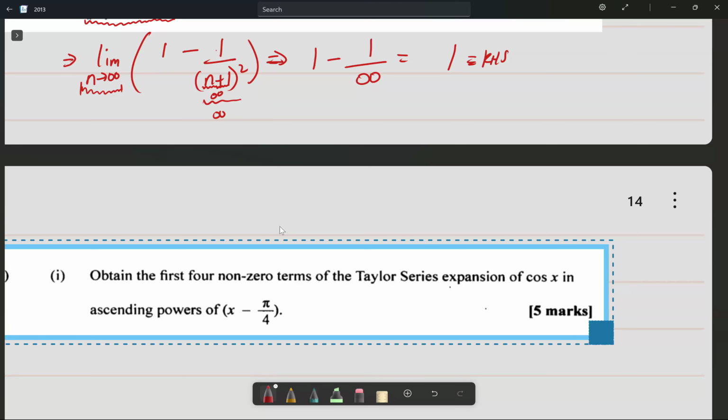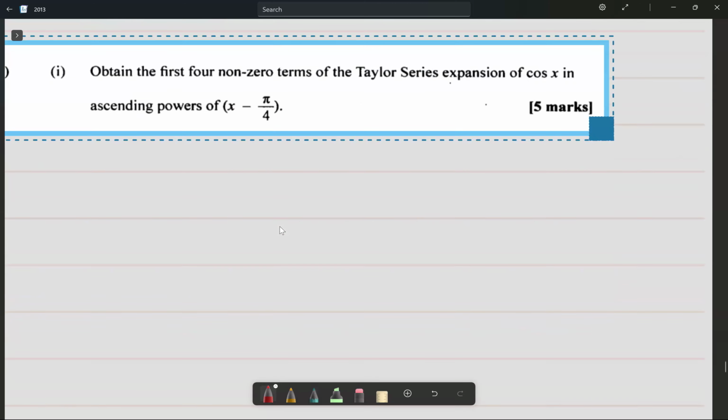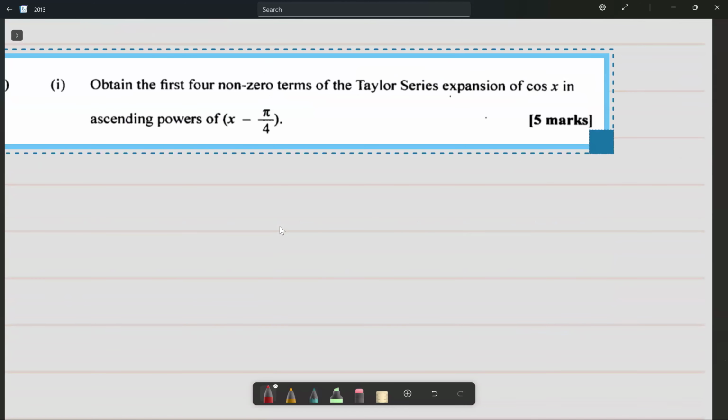Okay, so obtain the first four non-zero terms of the Taylor series expansion.